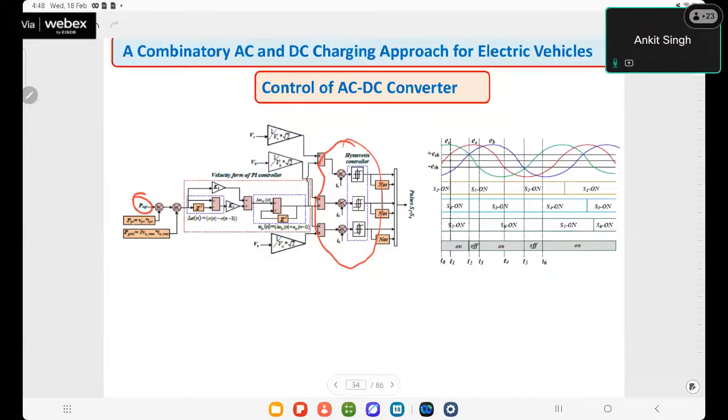We subtract the solar charging power from the reference charging power, and the rest of the power is supplied from the grid. This is the error signal generated from the reference grid current and the measured grid current, and there is a threshold for the hysteresis control, based upon which the switching pattern is generated for the three-phase AC/DC converter.